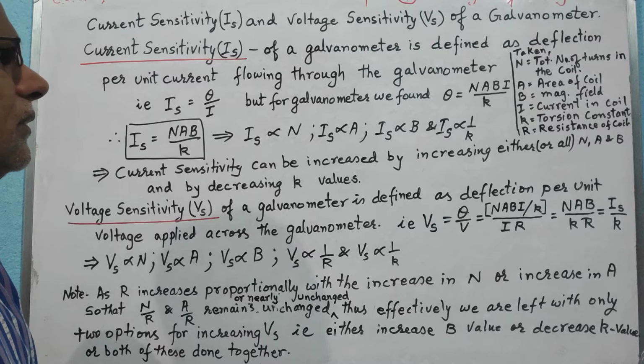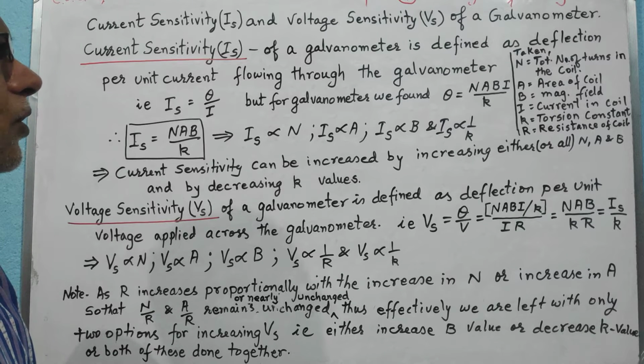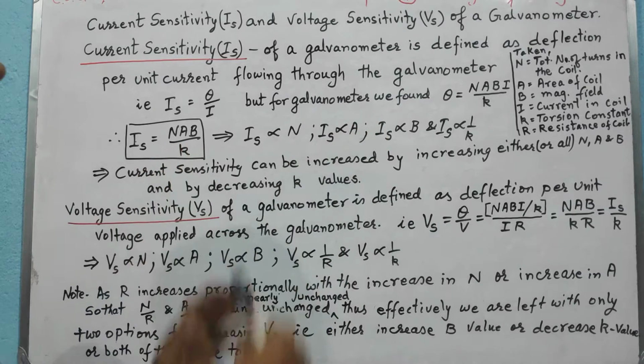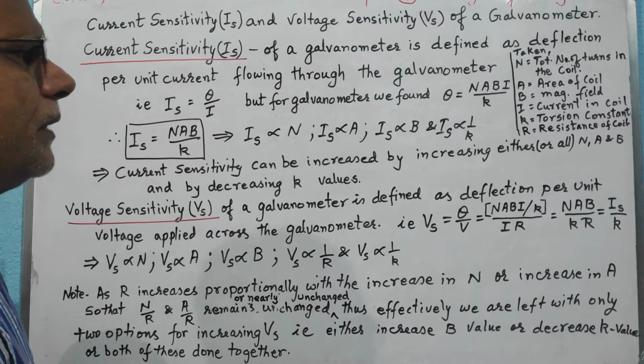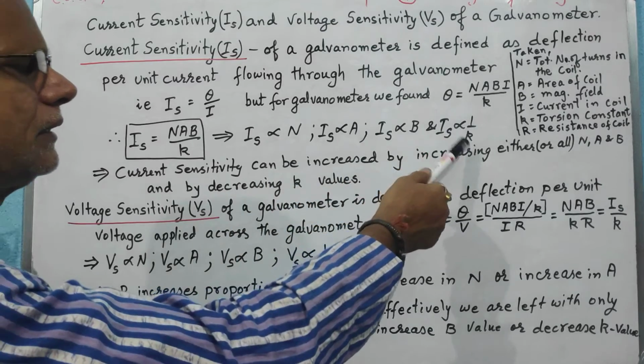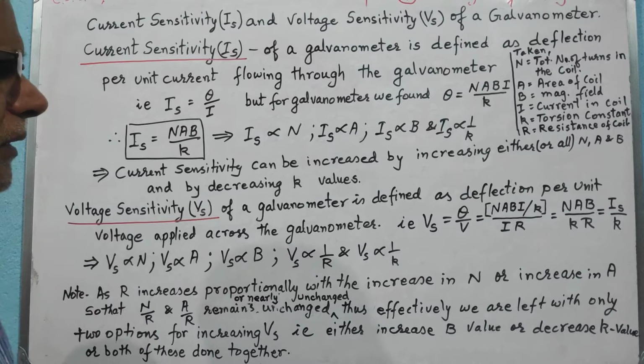The more the number of turns, the greater will be the resistance, and so greater loss of current will take place, but that is a different matter. So these are the three things which will help us increase the sensitivity by increasing them, and we can also increase the sensitivity by decreasing the torsion constant.